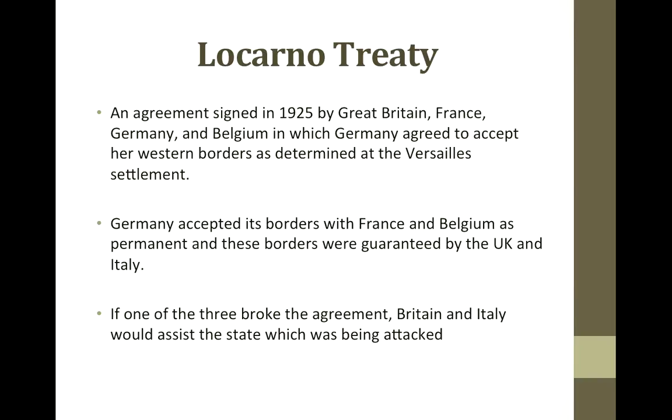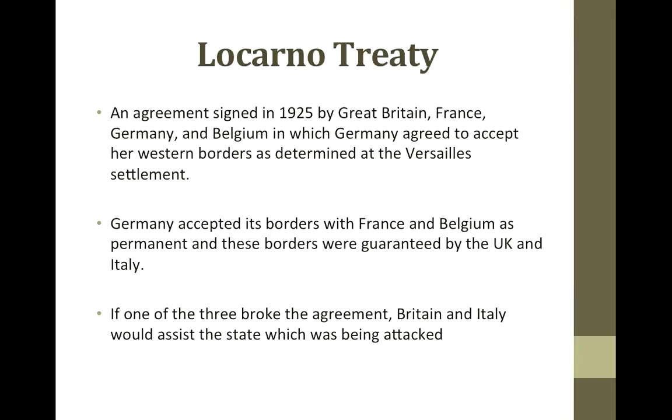All right. Now, Germany accepted its borders with France and Belgium as permanent, and these borders were guaranteed by the UK and Italy. All right, and what does that mean? That means if anyone broke the agreement, Britain and Italy would assist the state which was being attacked.